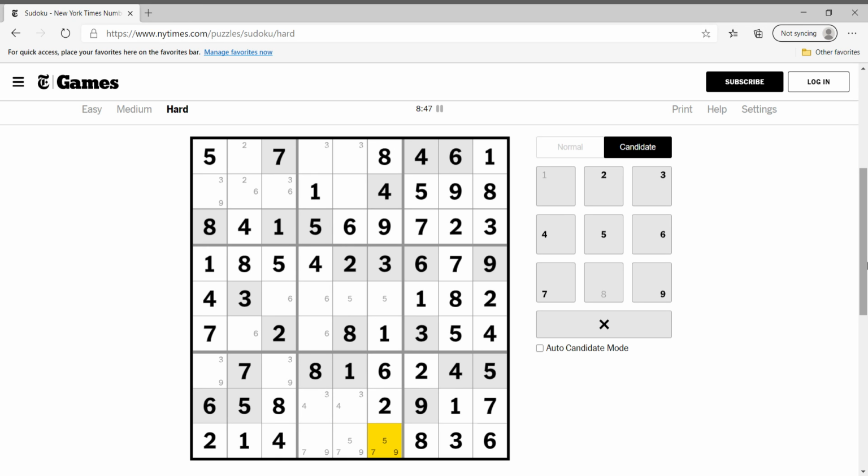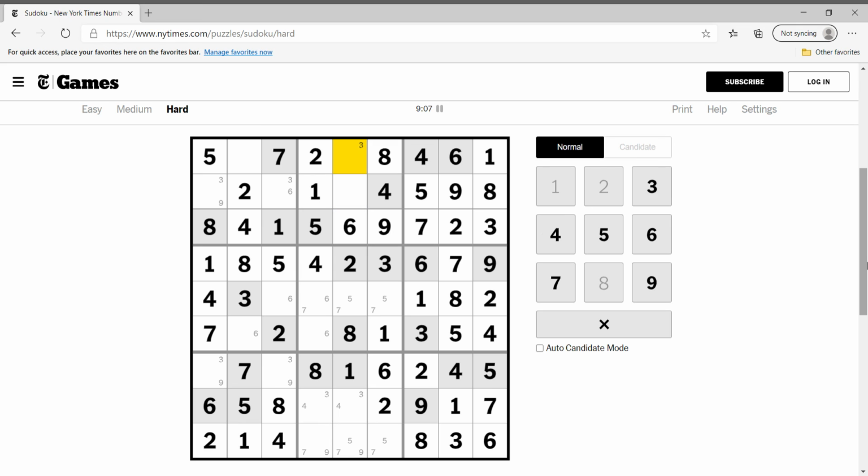So this is obviously not 9. 7s for now can be flat. I'll mark like this. Okay, and so what do we need in this box? Well, 2 has to be here, so this is 2. And then 3 can only be here. And the last digit is 7.